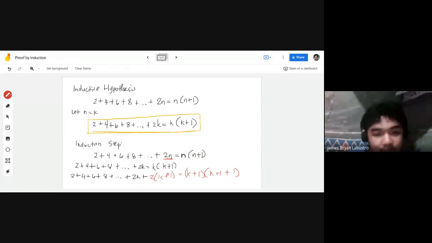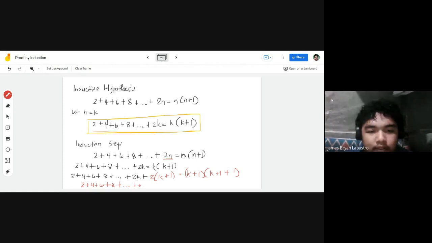Then after, you're going to simplify this. So this would be your inductive hypothesis. So we have 2 plus 4 plus 6 plus 8 plus ellipsis plus 2k plus, we won't distribute this, we're just going to factor to make it easier.